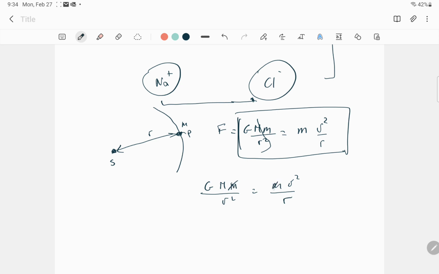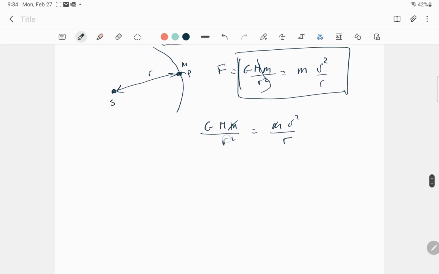I can remove the m. Those are r's, and this is a v instead, so I can remove the square and the r. So now I can say that v is equal to GM over r, square rooted, and this is the v of the orbit, the velocity of the orbit that this planet is doing.